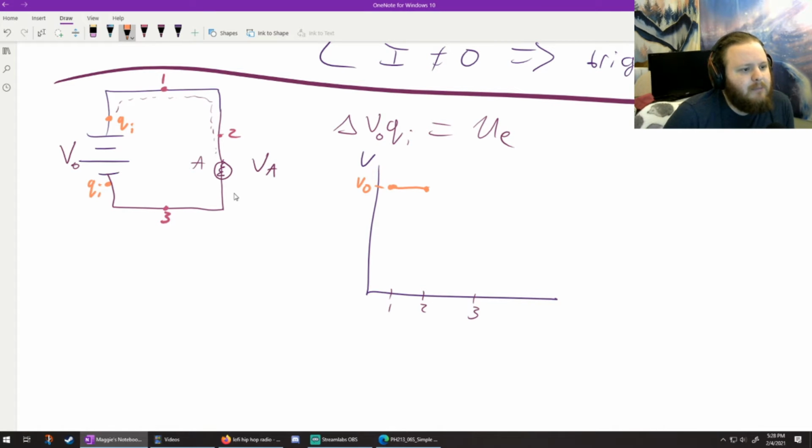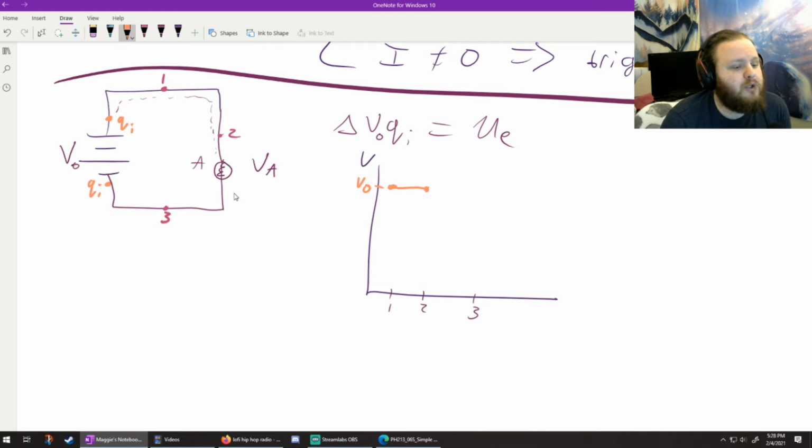I was in the middle of justifying that I don't care about the exact shape of this. If there's only a single element in this circuit, well, how much energy is this charge going to drop across this light bulb if it needs to come back to the negative terminal of the battery with no more electric potential? Well, all of it.